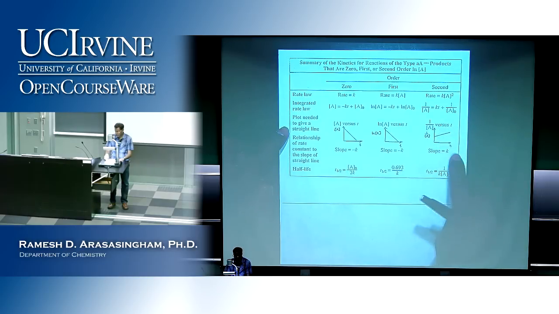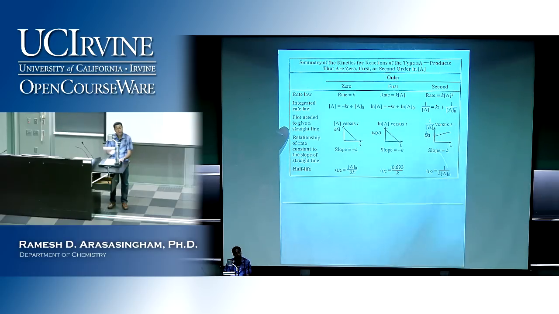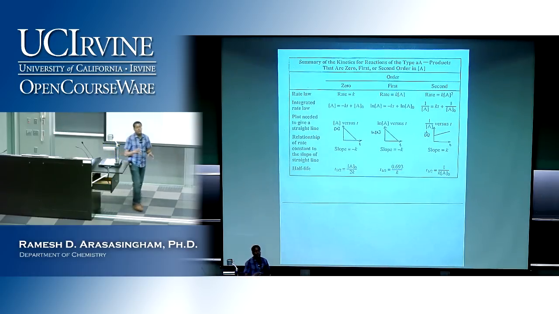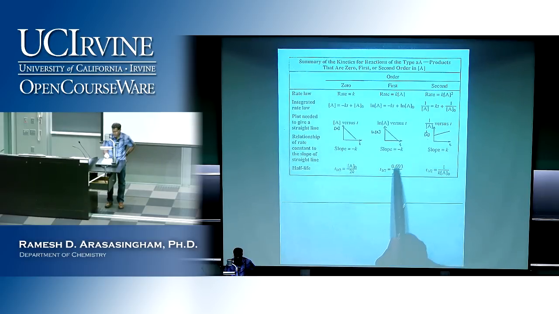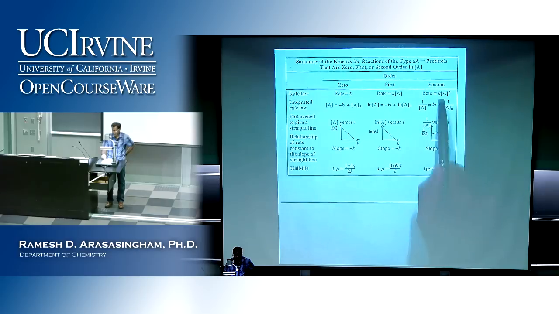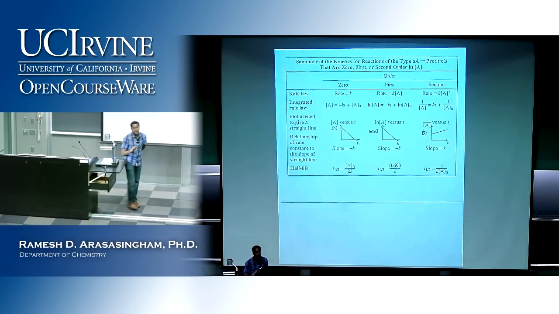And 1 over A versus t will give you a positive slope for a second order reaction. So that's why we draw 3 graphs and figure out which one of these will give us a straight line. Okay? Lastly, the half-life equations that we derived are given here. So half-life for 0 order is this, half-life for first order is this, and half-life for second order is that. Okay?